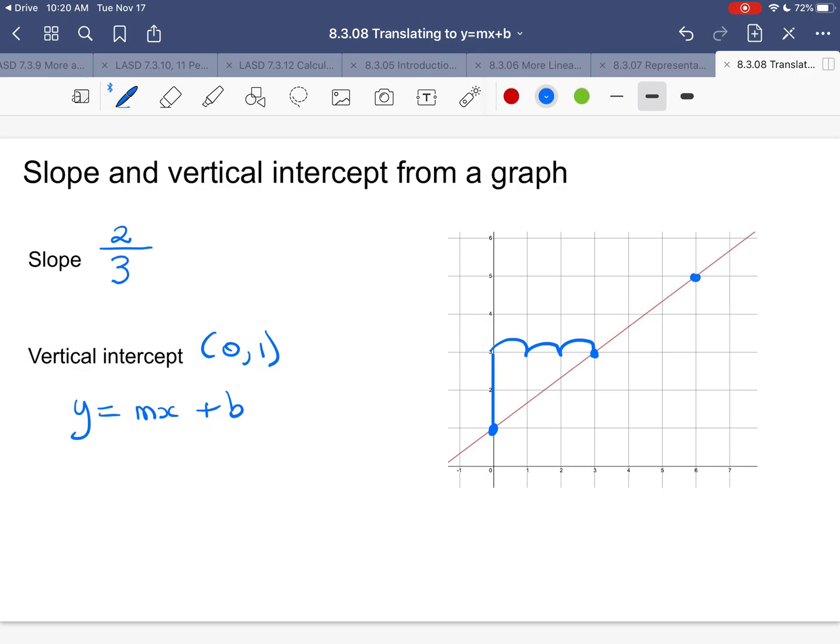So that's our slope. Now we've got our slope and our intercept. We can write our equation: y = 2/3x plus, and we just take the y value from the intercept, plus 1. And that's the equation of the line represented on this graph.